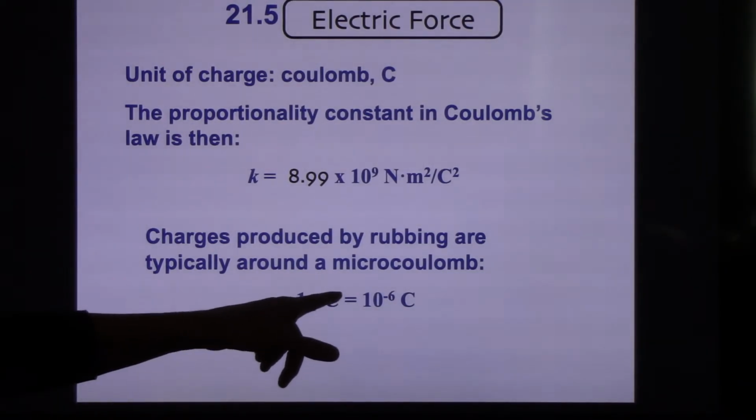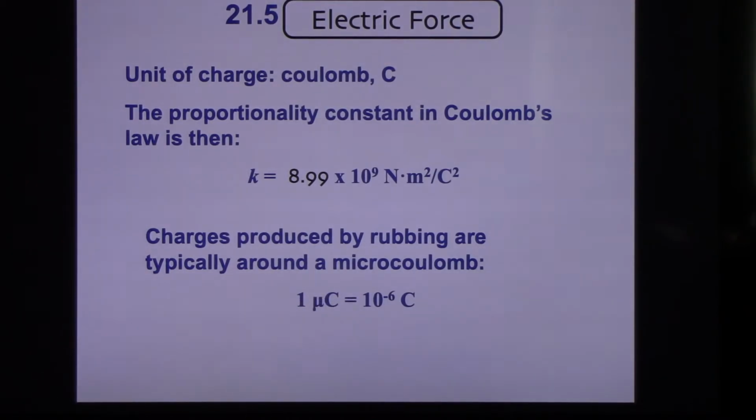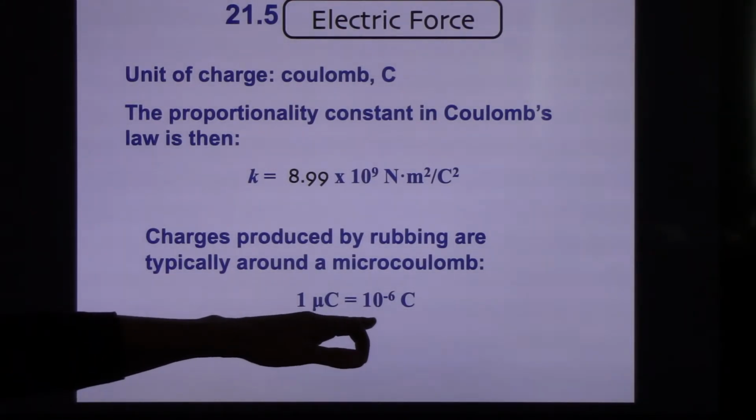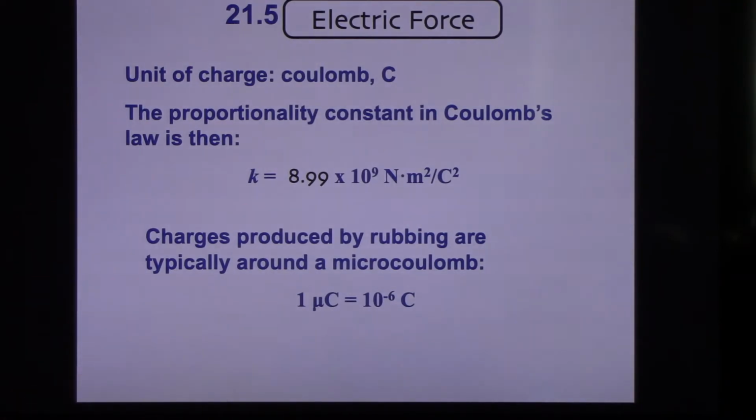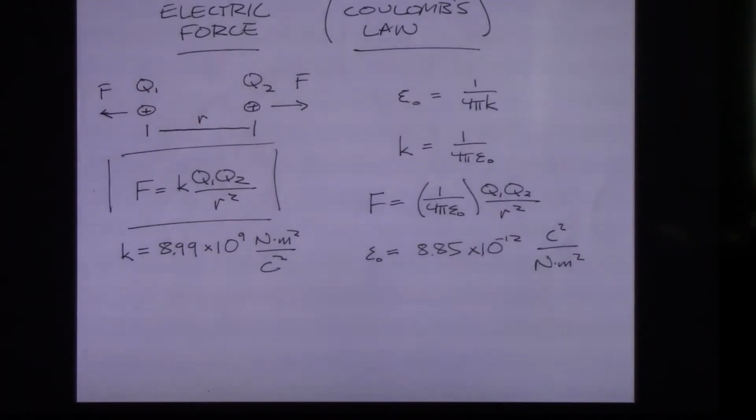But when we have static electricity going on, it's unusual to accumulate a lot of charge in one location. So most of these static charges that we talk about are going to be in the micro or the nano or the pico coulombs. They tend to be really tiny amounts of charge.